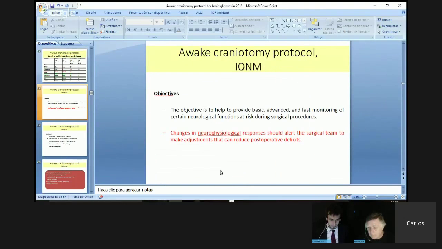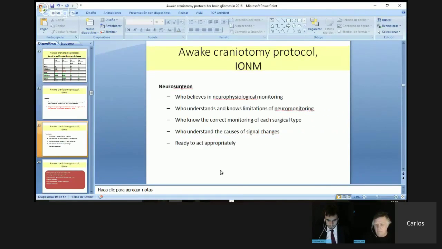The objective of intraoperative neuromonitorization is to help provide basic, advanced, and fast monitoring of certain neurological functions at risk during surgical procedures. We need to know that a change in neurophysiological response should alert the surgical team to make adjustments that can reduce postoperative deficits.